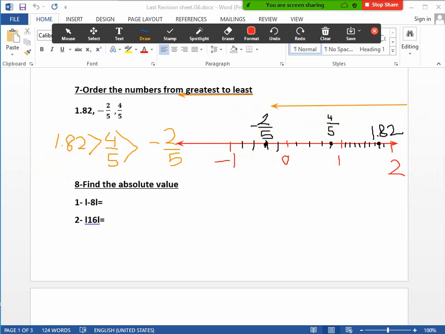Now find the absolute value. Yes, Mariam? Here, very easy, I think. This question will be easy for you on the exam. Yes, what is the absolute value for negative 8? Thank you, Mariam.